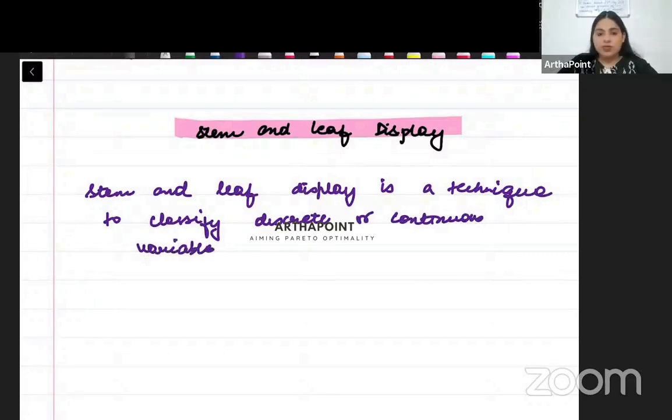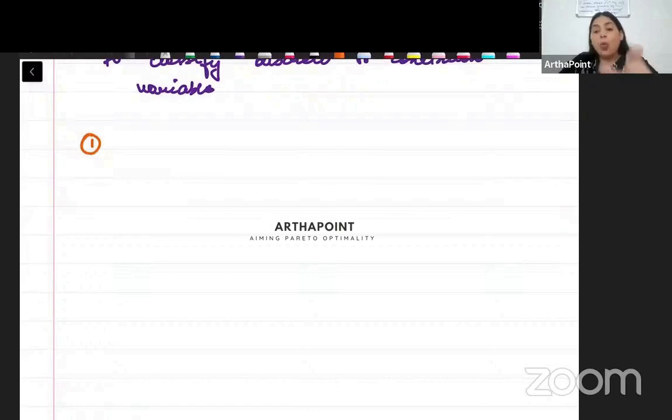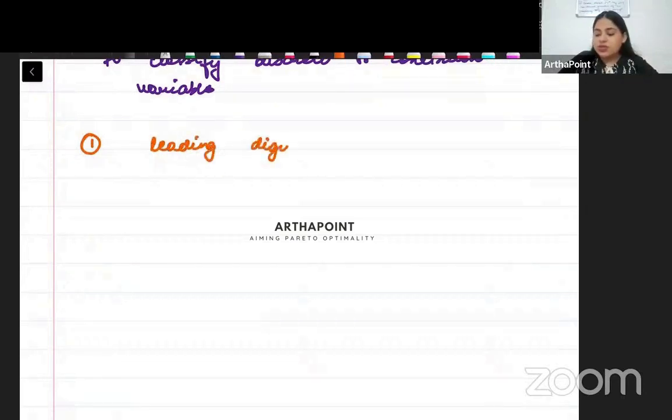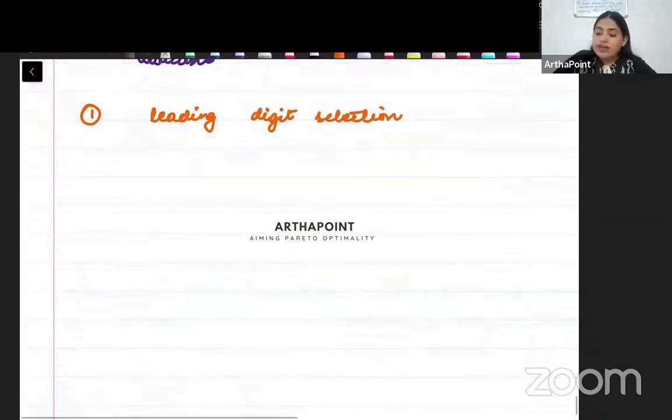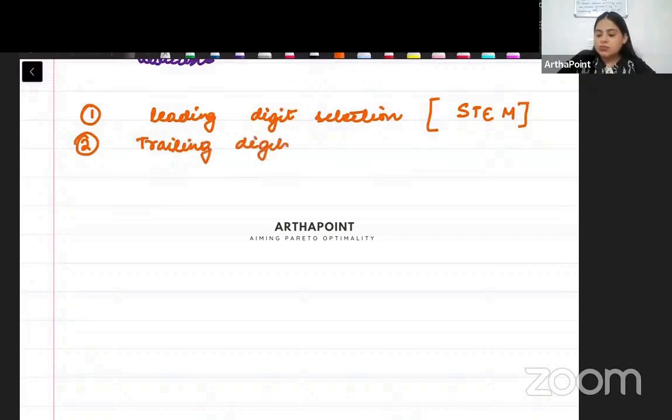Now try to learn how I will do this. There are multiple steps in this. The first step is to select one or more leading digits. So leading digit selection. I will give you an example, don't worry. Whatever leading digit you select will be called the stem, right? But secondly, you will select what are called the trailing digits. The trailing digits will become the leaf.